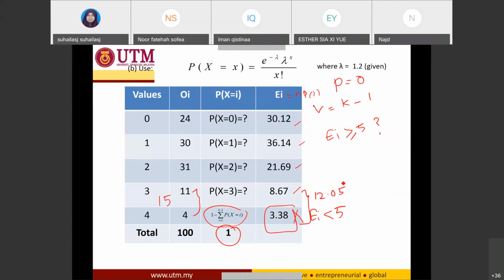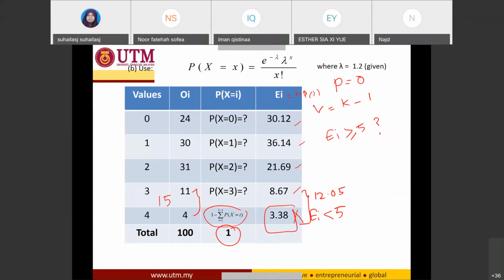Your new expected frequency. So new observed frequency is 15, new expected frequency is 12.05. We combine the categories with the nearest value, since the last category EI is less than 5. We combine until EI is greater than 5. Let's say we have combined one and we already get greater than 5, so we stop there.